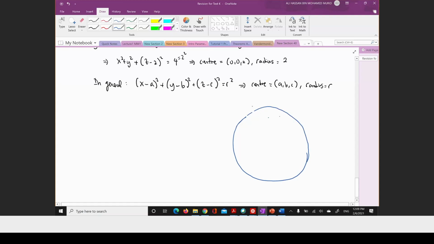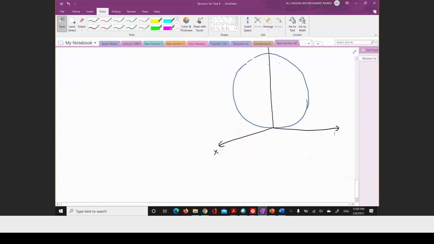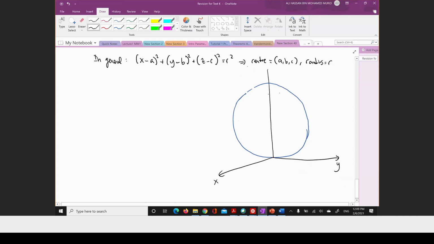So now we have a sphere centered at 2, so it looks something like this, of radius 2. This is y. This is z. So it is centered at 2 with radius 2. So here is 4.